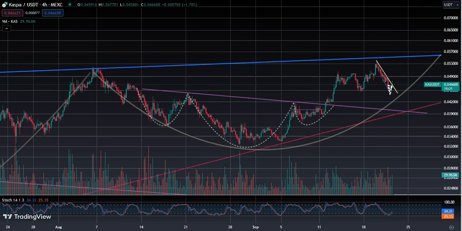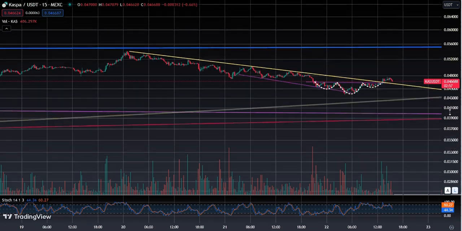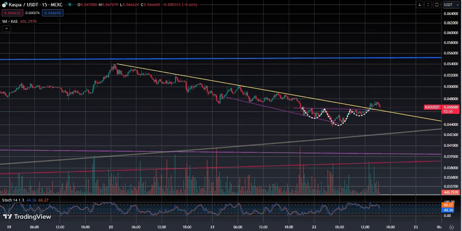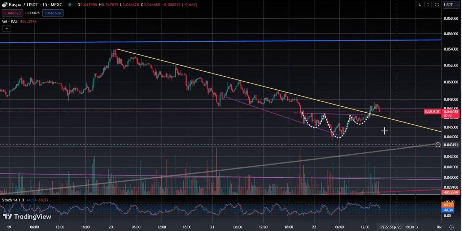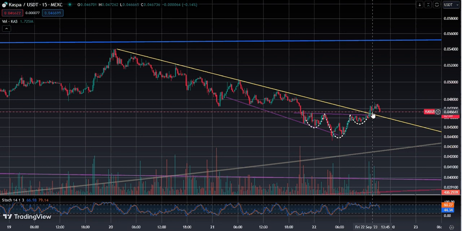If we look at things now on a 15-minute chart, you can see that we also have a much smaller inverted head and shoulders pattern here. That formed, and then we broke out above this yellow line, which was the trend line of resistance that had kept us down for 2 solid days.